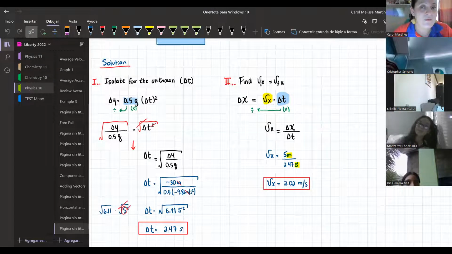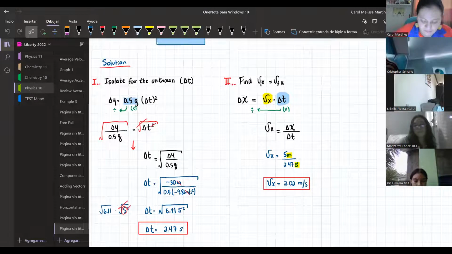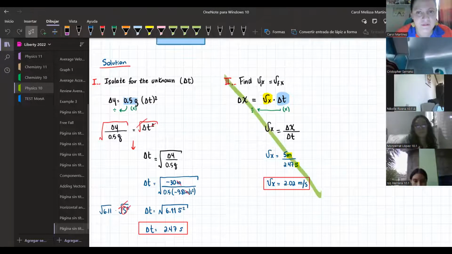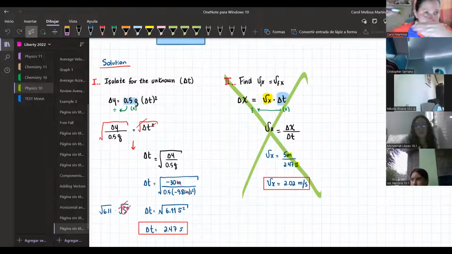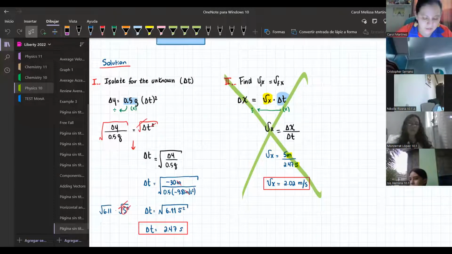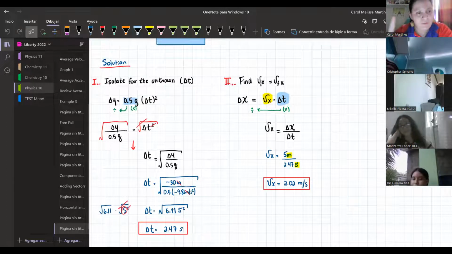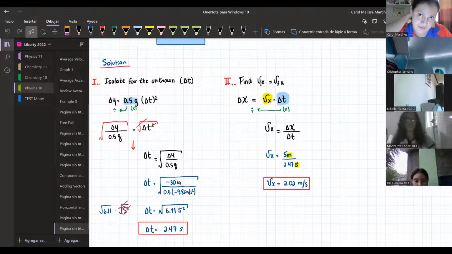The difference is that in free fall, you don't have this part because you don't have velocity in the horizontal direction. In free fall, the object is just moving vertically. And in here the object is moving horizontally and then begins to fall down, but still using the two directions.